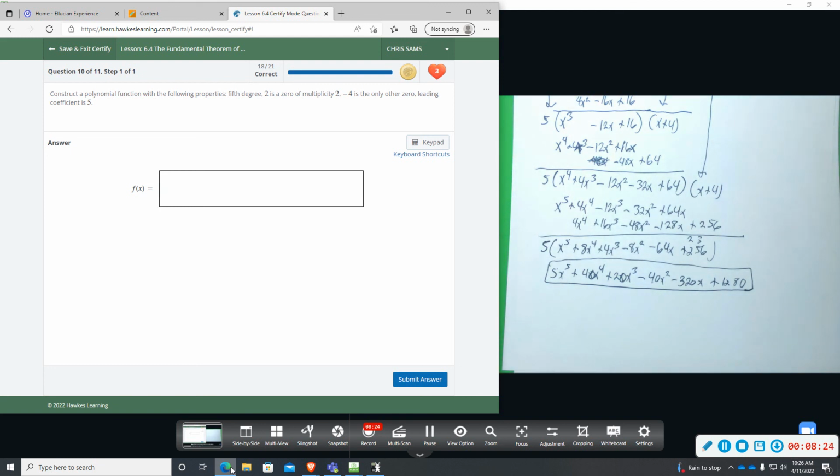So we're going to plug that in. Plus, that's 20x to the 3rd minus 40x squared minus 320x plus 1280.